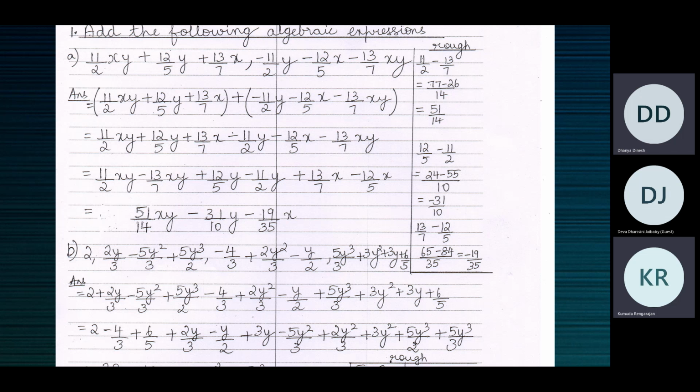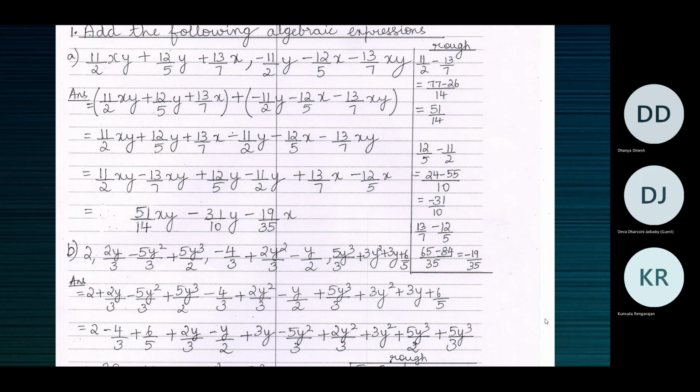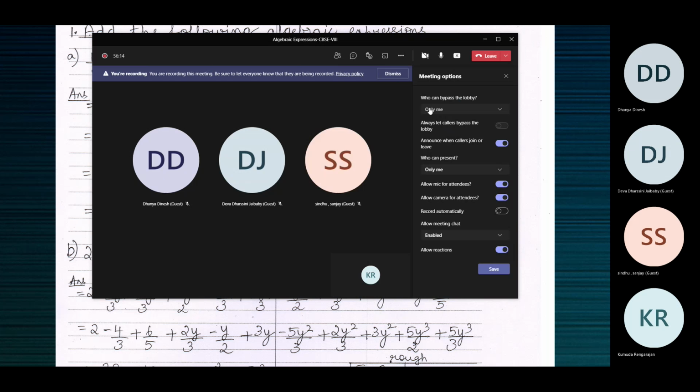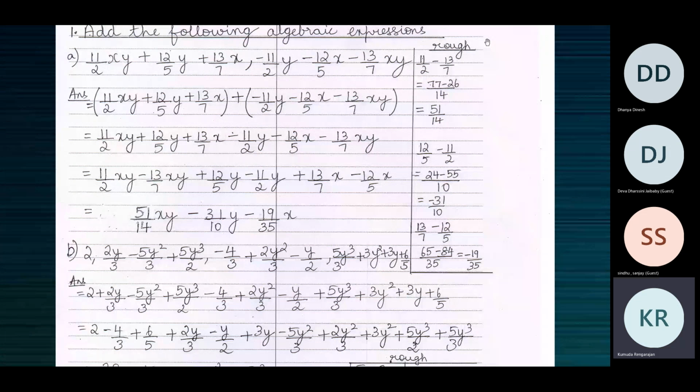Okay. So if 2 terms have the same literal factors, variables are the letters. Letters are the literal factors. So literal factors meaning the letters.